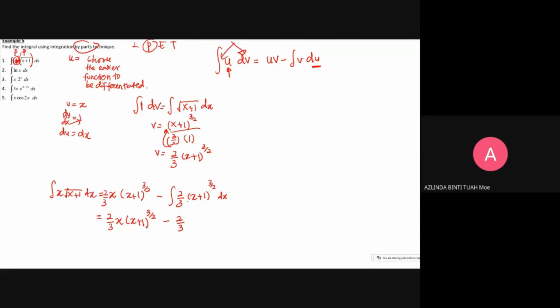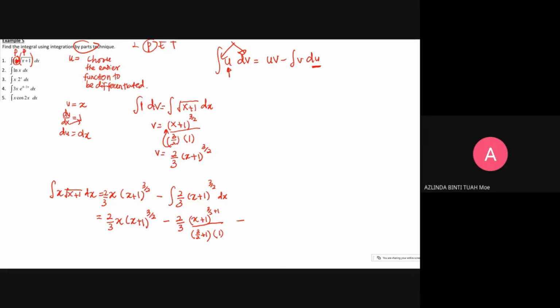Okay. Then it's ready for integration of this bracket by using the same rule. X plus 1, 3 over 2 plus 1 over the new power, times differentiate inside the bracket.